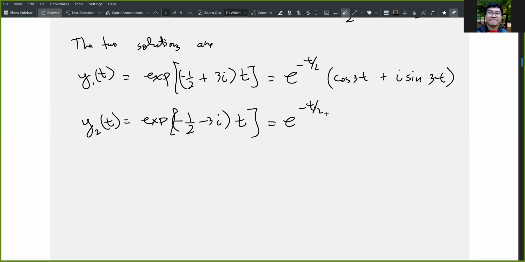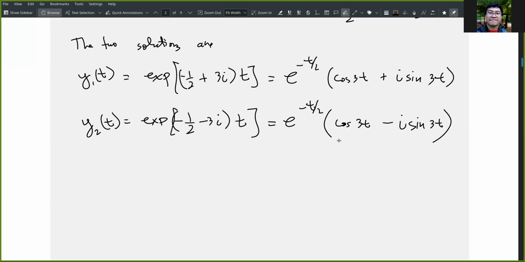That's still e to the minus t over 2 times cosine of 3t minus, since there's a minus here, i sine of 3t.